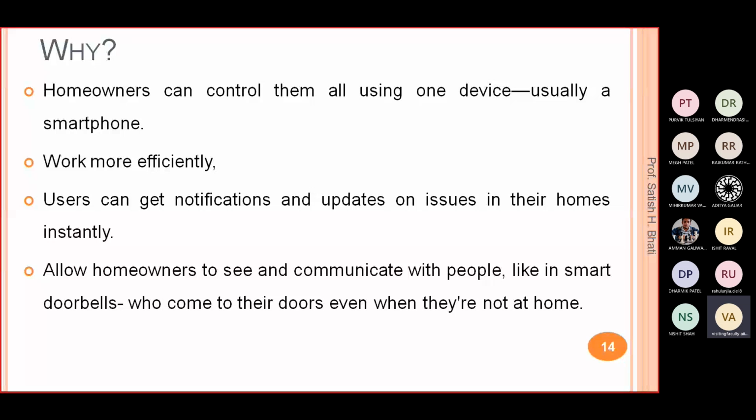So some of the smart home technologies are like the smart lighting system. In a smart home, it is not compulsory that you have to connect everything with the system. Cisco is providing smart lights.